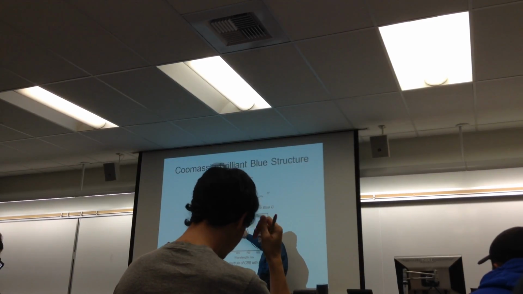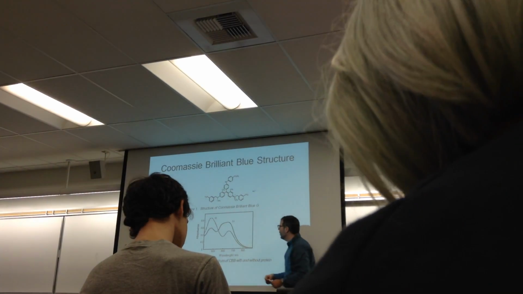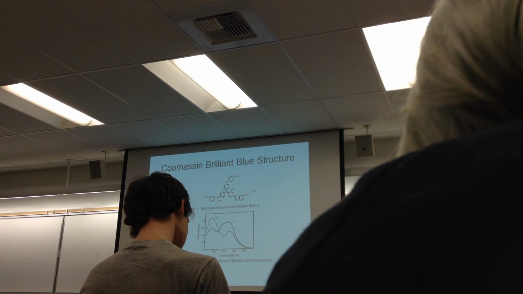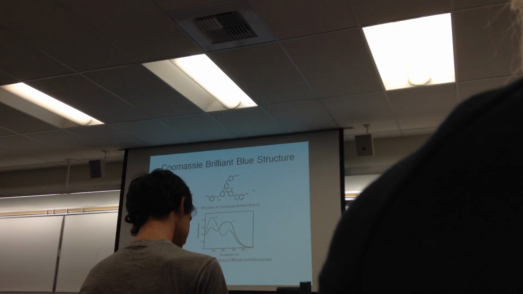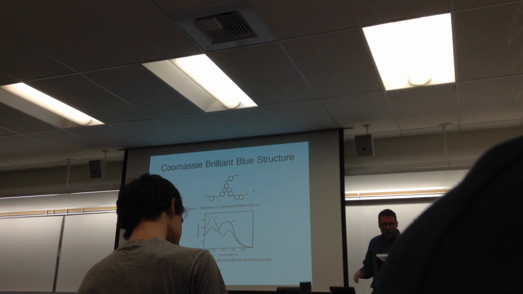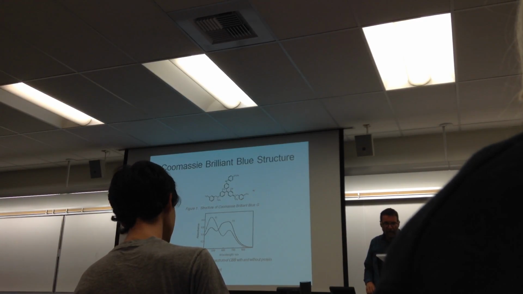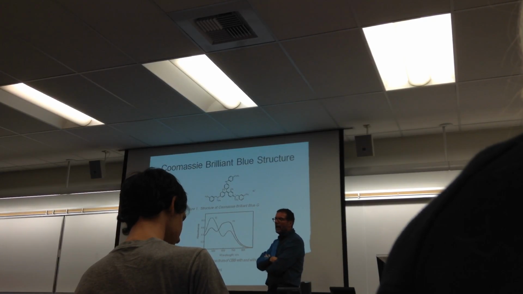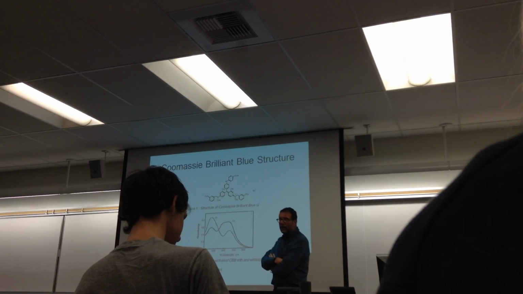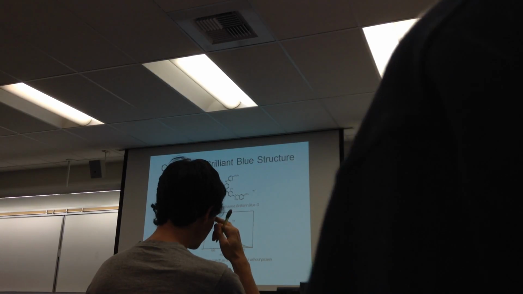So basically, by monitoring absorbance at 595 nanometers, you can follow the elution of protein off of the column. This is also typically used to stain gels. We're going to talk about SDS-PAGE here in just a second.